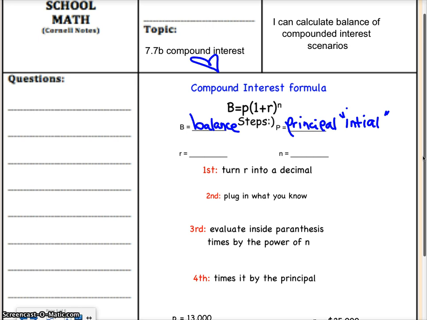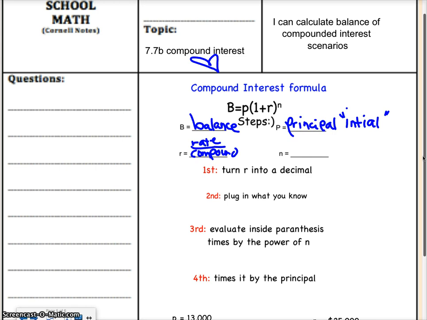R is equal to your interest rate, but it's different, isn't it, with compounds? So R is equal to your interest rate divided by your compounds. Now we practiced that. An interest rate is an annual rate, so you have to divide the annual rate by how many times you're being compounded a year. And n is actually equal to your time.